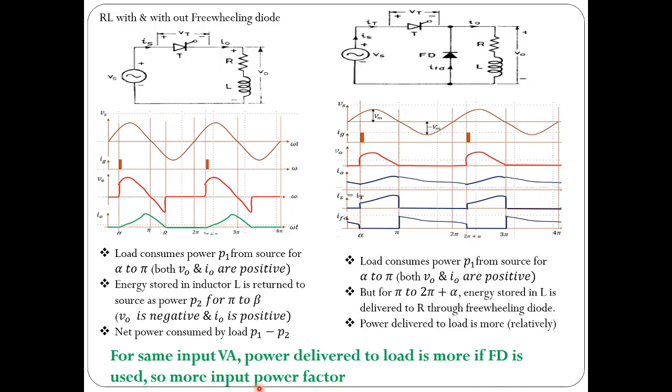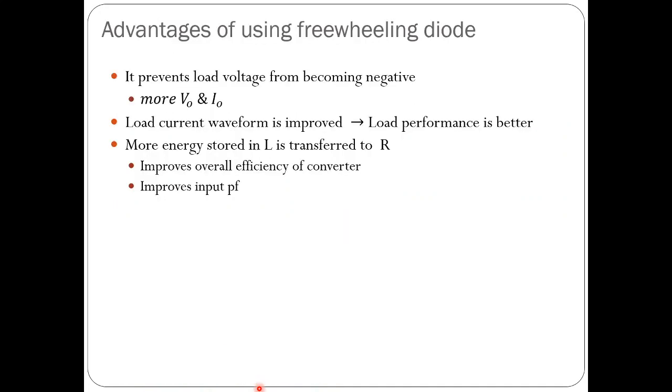These are the advantages of using the freewheeling diode. It prevents the load voltage from becoming negative. The load current waveform is improved, so load performance is going to be better. More energy stored in the inductor is transferred to the resistor, so there is more efficiency and more power factor.